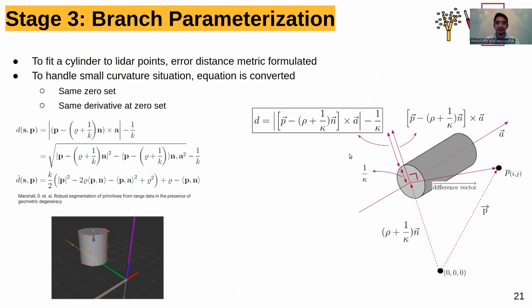Great. The paper which I referred to, which gave me this error metric for cylinders, also had error metrics to fit spheres, conical structures, toruses, so basically donuts, those kinds of 3D structures on point clouds.